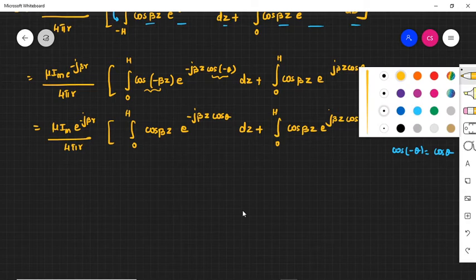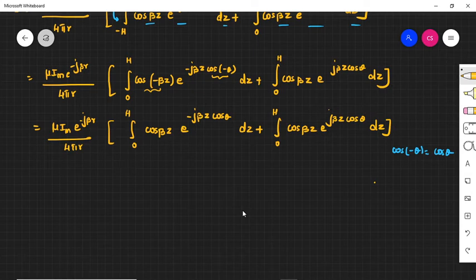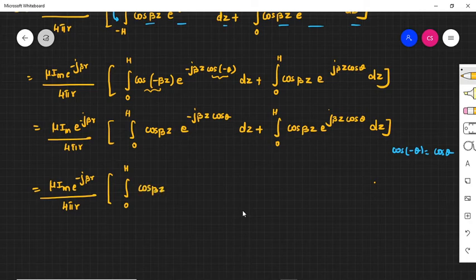Fine. Now let us proceed further with this. Both the integration limits are the same. The only different term is e power minus j beta z in the first term and e power plus j beta z in the second term. So I am going to write this as mu Im e power minus j beta r divided by 4 pi r. I am going to take the integration common because both integrals have the same limits now. I am going to take cos beta z common because both the terms have cos beta z.